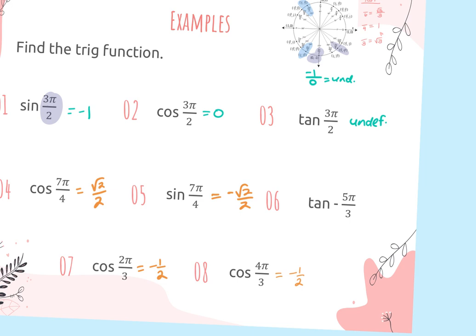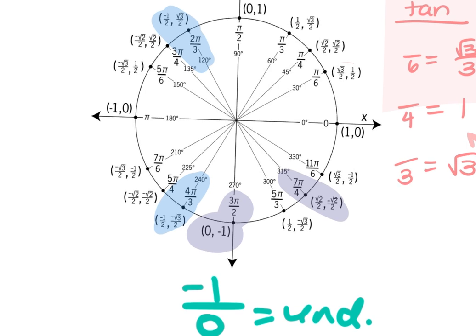So -5 pi over 3 is obviously not on our unit circle. There are two ways to do these negatives. One is go in the reverse order. If it's -5 pi over 3, I'd be going this direction 1 2/3 pi, because 5 pi over 3 would be 1 2/3 pi.